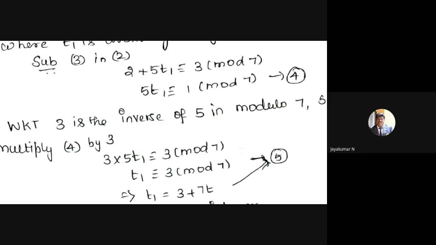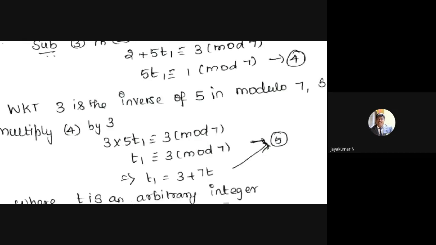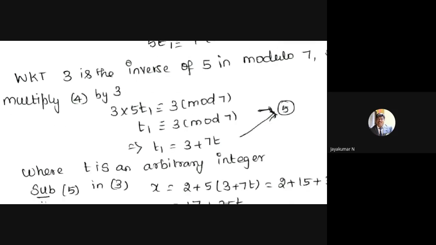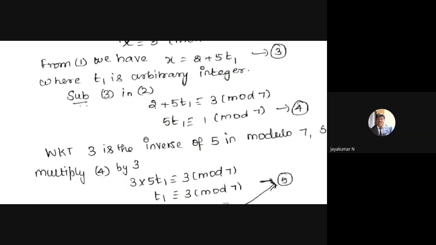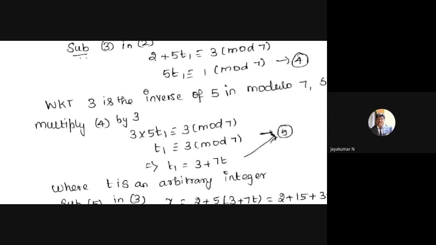This can be written as the linear equation t1 is equal to 3 plus 7t. Now the t1 expression is written in terms of t. So t1 is equal to 3 plus 7t, and it is substituted.